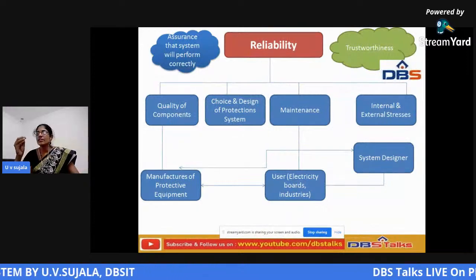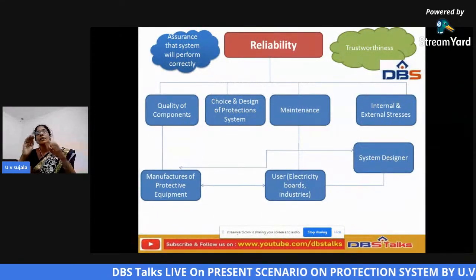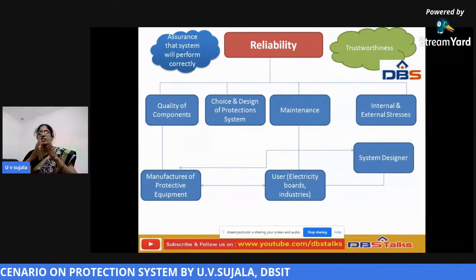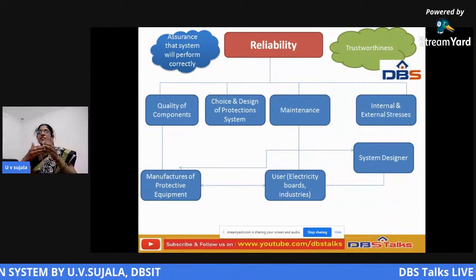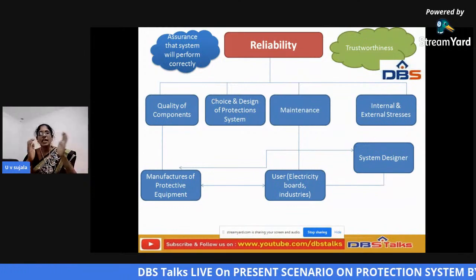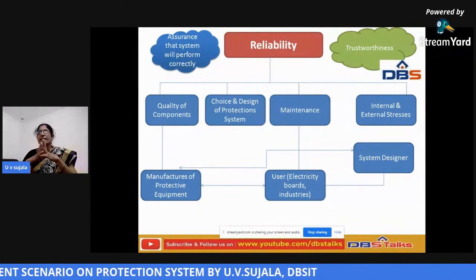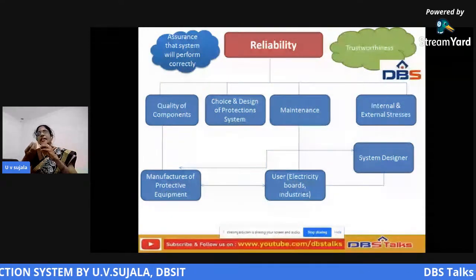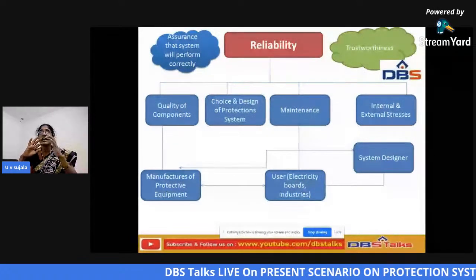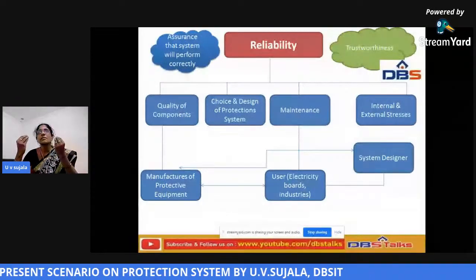Then if there is any cause, any damages, and maintenance, suppose we want maintenance on that system, so in normal conditions also we have to operate it in the maintenance part. And there are internal and external stresses, that means internal and external faults must be considered for that.